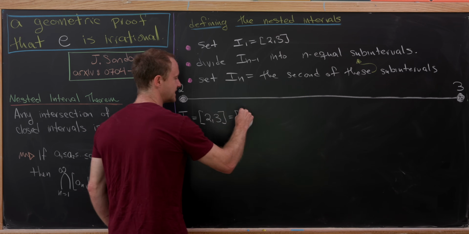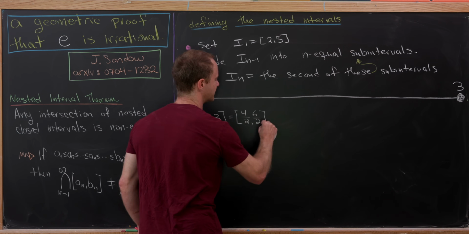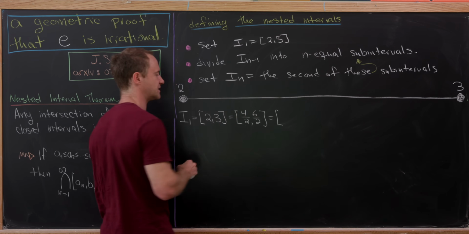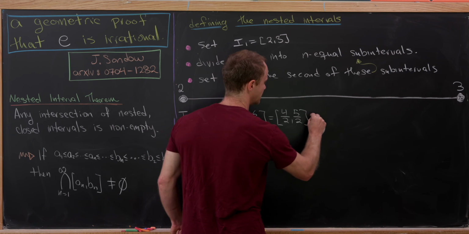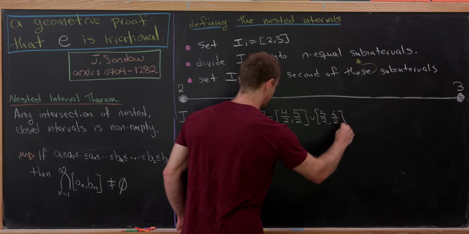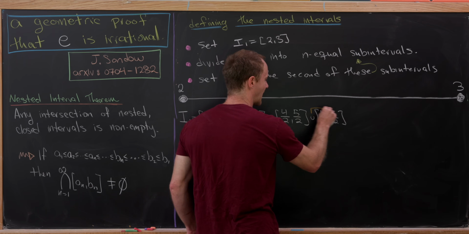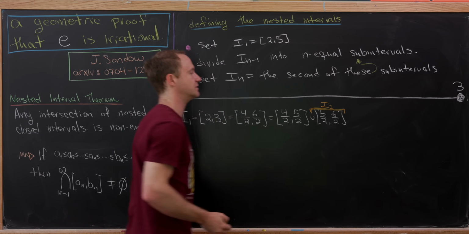So let's notice that this is the interval 4 halves up to 6 halves, which we can pull apart into 2 equal subintervals easily now. So this is 4 over 2 to 5 over 2, union 5 over 2 up to 6 over 2. And since we want the second by our rule, this guy right here will be I sub 2.